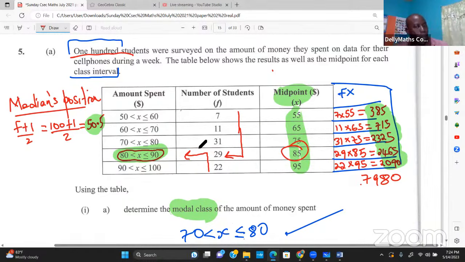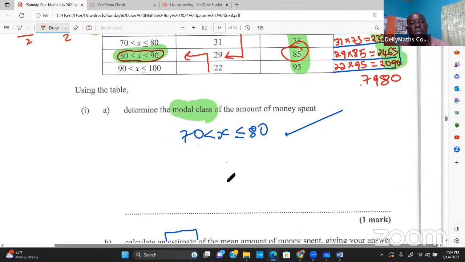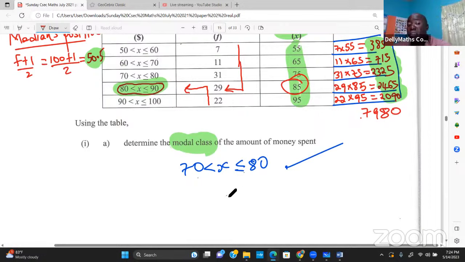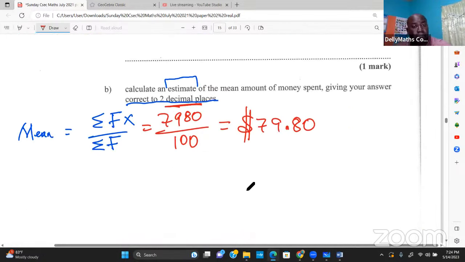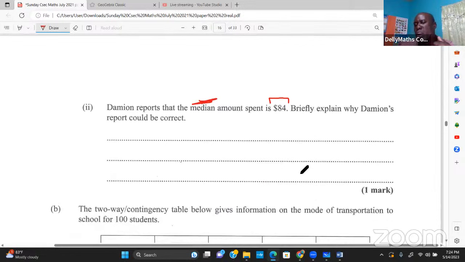Now let's go back to the question, understanding that the median is in the class from 80 to 90. Is Damien anywhere within reach? Of course. Now, I'll explain why Damien could be correct.